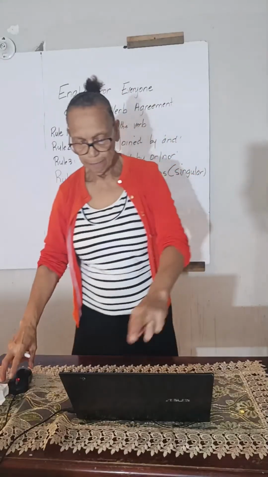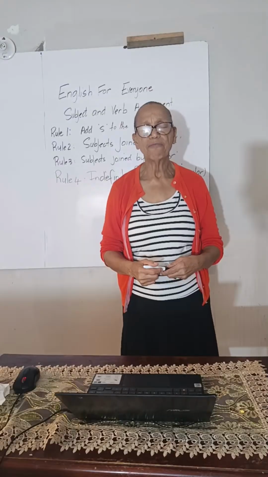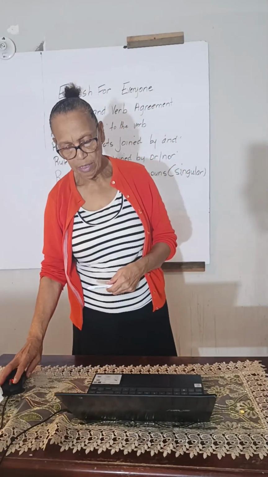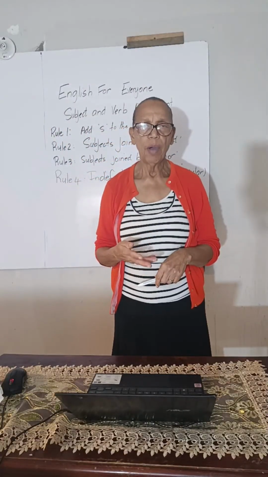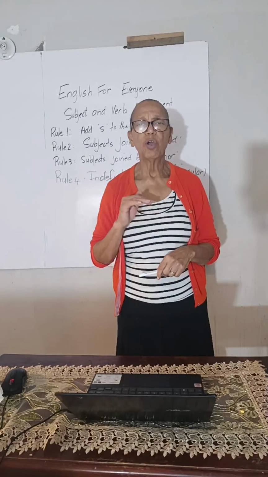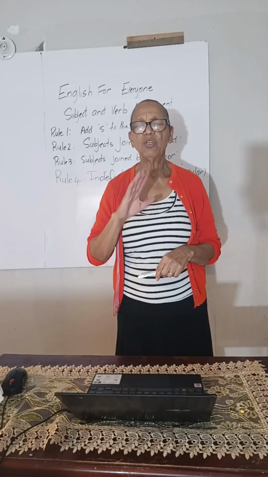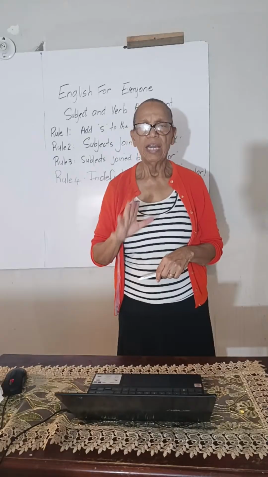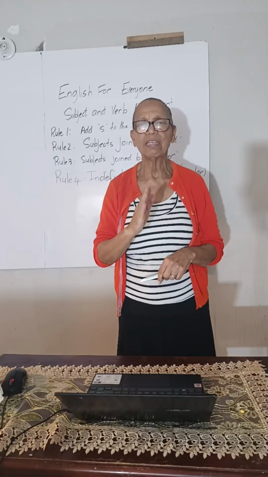Let me explain. Pronouns like everyone, each one, each, everyone, nobody, somebody, everybody, those words are called indefinite pronouns. Whenever you see them in a sentence, especially in front of the verb, all sentences with these pronouns are singular.